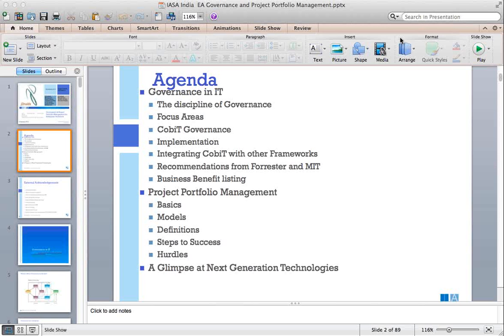We plan to conduct a detailed presentation on governance in IT a fortnight from now. Not that I will totally avoid it, because governance is the beginning of why and how projects must get implemented and how they can bring architectural maturity to the business table.